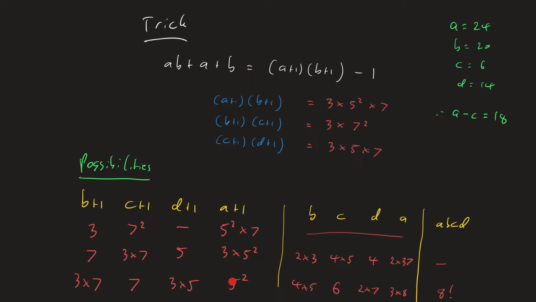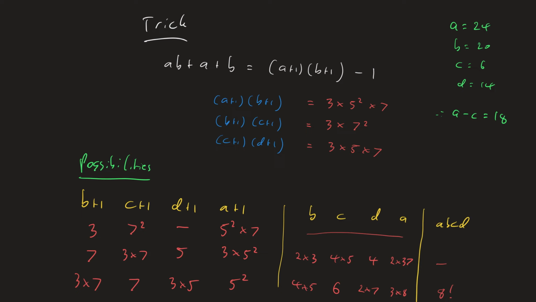For the very last possibility, if B plus 1 is 3 times 7, then from the first expression 3 times 7's been used, so A plus 1 has to be 5 squared. And from the last equation, if C plus 1 is 7, then D plus 1 has to be the remaining factors, 3 times 5.